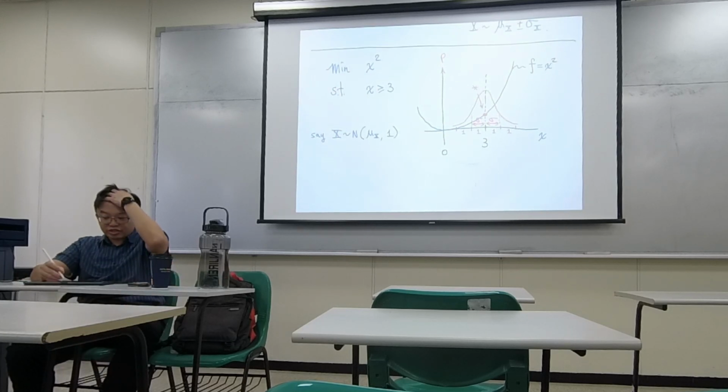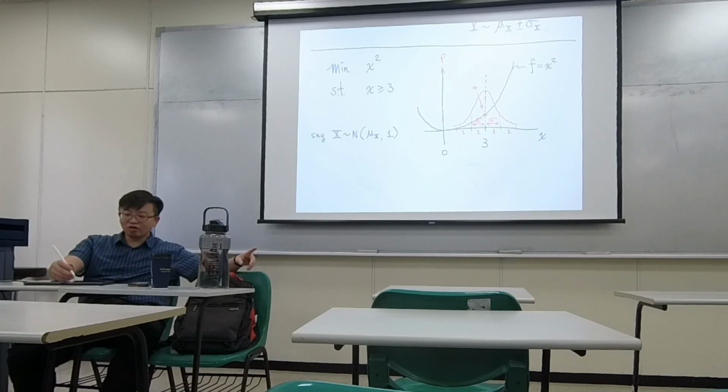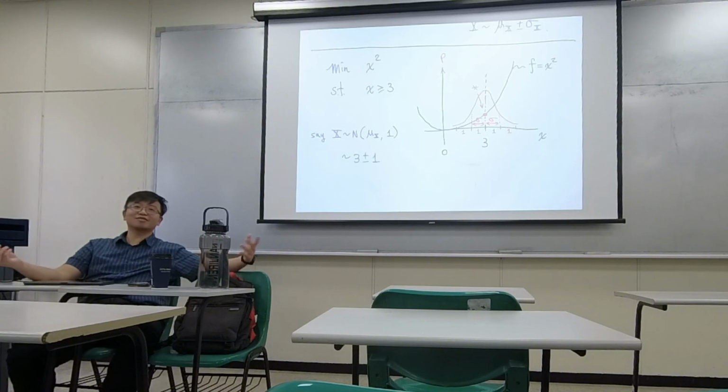Because 3 is the deterministic optimal solution. But as a manufacturer, when you produce something in a dimension of 3, and if the manufacturing process has some kind of uncertainty, let's say the standard deviation is 1, you can only say your random value is like 3 plus or minus 1. You can only say that, right?